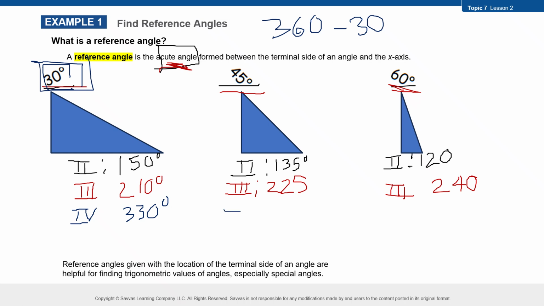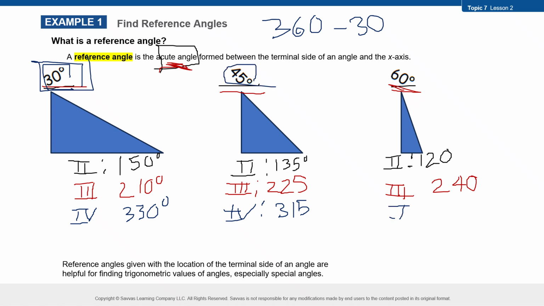And then quadrant 4 for 45 degrees, doing the same math, instead of 360 minus 30, 360 minus 45, because 45 is my reference angle. And that's going to give me 315. 315 has a reference angle of 45 degrees.